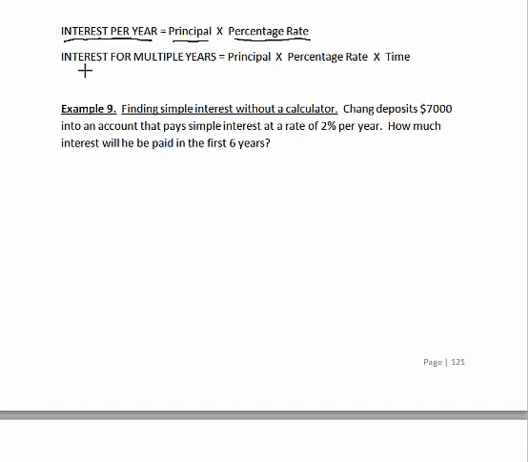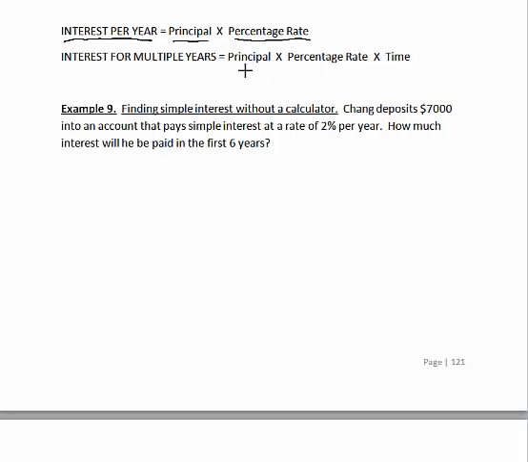If we want the interest over several years, then we still simply just multiply the principal, the money that's placed into the account when it's created, multiply by the decimal format of the percent, and then just multiply by the number of years. And this is most commonly referred to as simple interest.